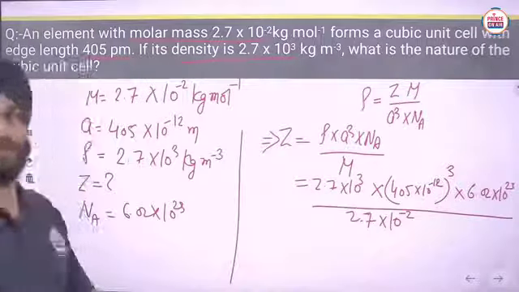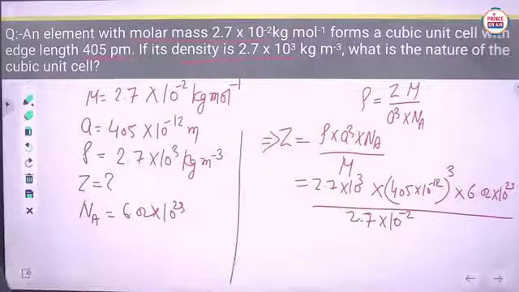Now solve this value, try to solve this value.